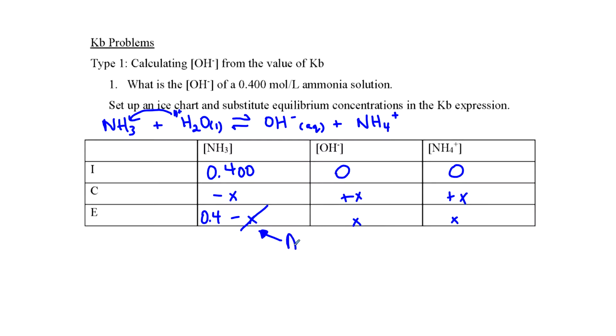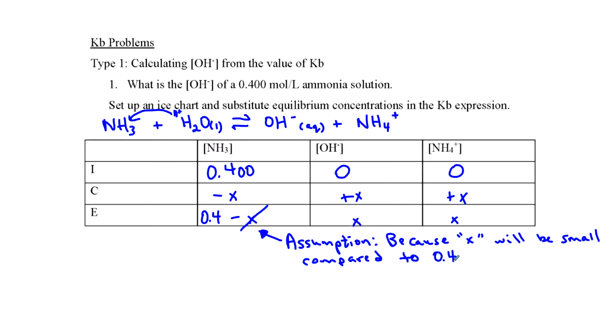So we're just going to write an assumption: because x will be small compared to 0.4, we will ignore it.